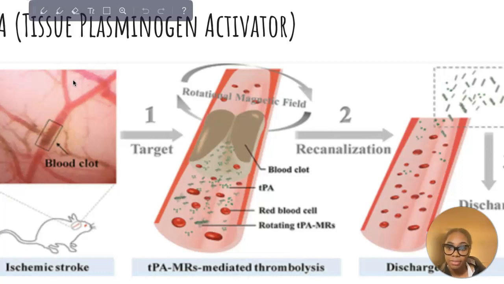By activating the fibrinolytic system, TPA promotes the targeted breakdown of the clot, thereby restoring blood flow to the affected area of the brain. This introduction to TPA underscores its significance as a therapeutic intervention, emphasizing its role in mitigating the consequences of ischemic strokes by promptly addressing the underlying clot formation.